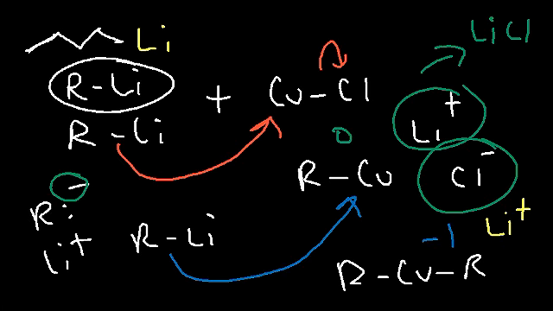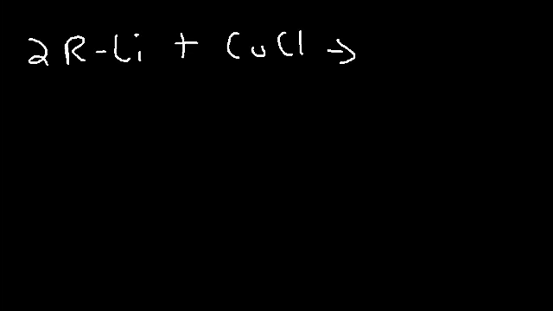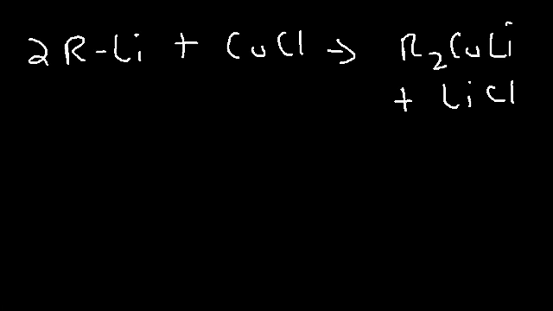And so thus we can write it as R2 copper lithium. So when you take an organolithium reagent, you need 2 equivalents, and when you react it with copper chloride, you're going to get R2 copper lithium plus LiCl. So that's how you can make the Gilman reagent.